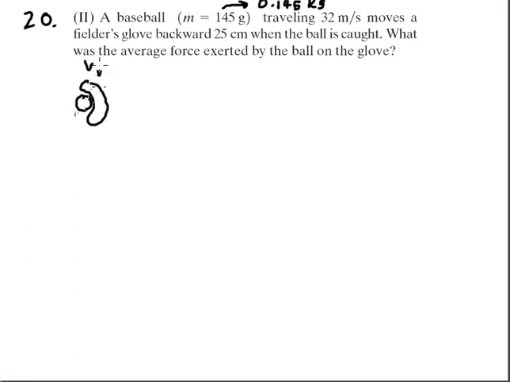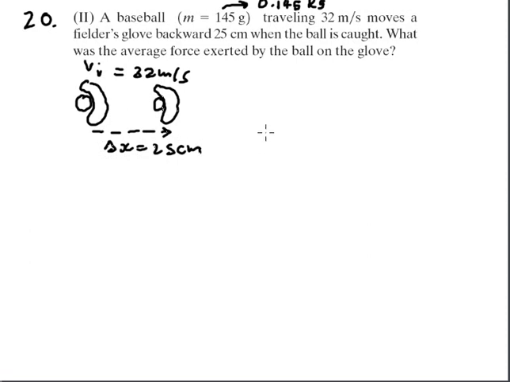So it's coming in with an initial velocity of 32 meters per second, and it travels a distance of 25 centimeters. So delta x is 25 centimeters before coming to rest, and here the final velocity is simply 0.